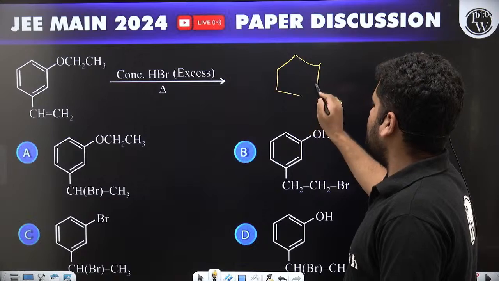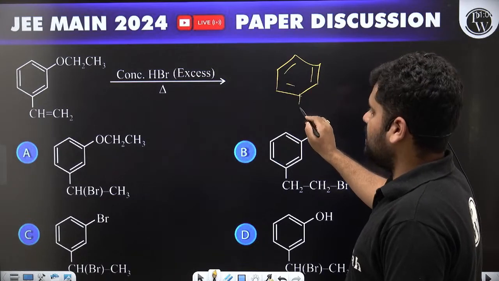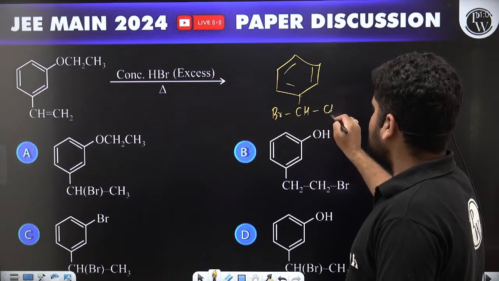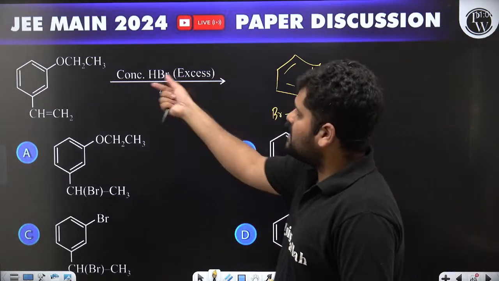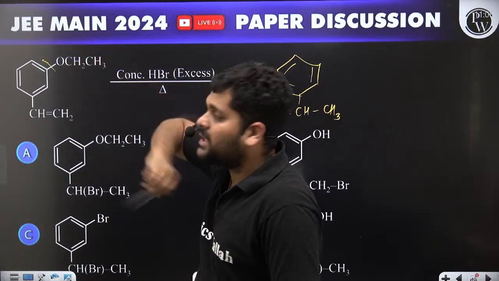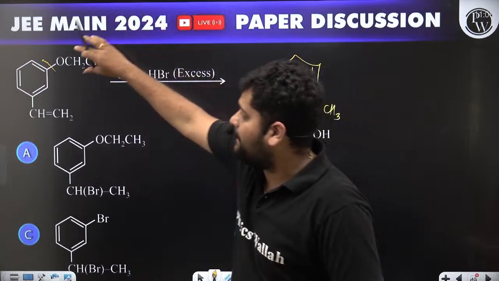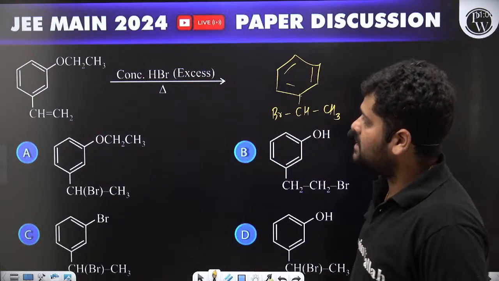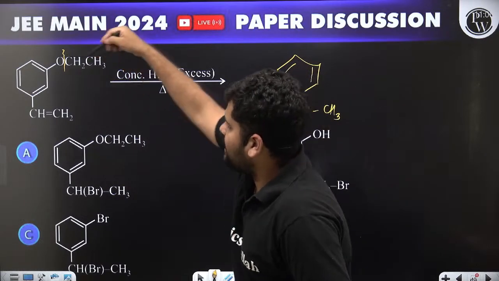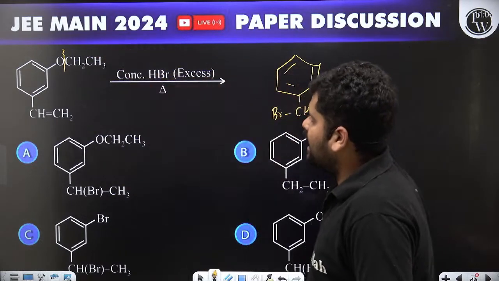So you are going to get a benzene ring, and then here we are going to get CH, Br, and then CH3. Now this particular HBr, see, you cannot break this bond because it has partial double bond character, isn't it? Rather, you are going to break this bond, and this O minus would be attached with H plus, and then you are going to get ethanol.